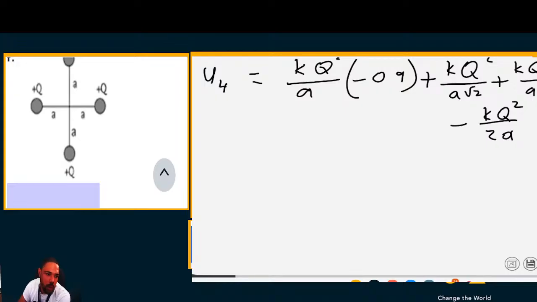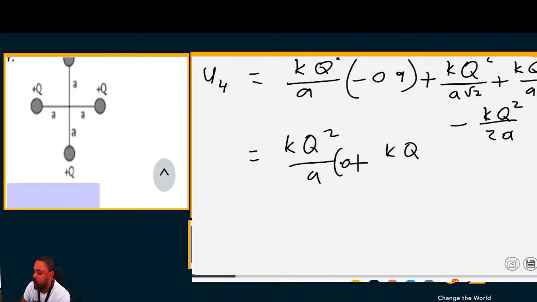Because the distance between the top charge and the bottom charge is 2a, and working that out, we get kq squared over a times negative 0.9, plus, if we take kq squared over a out here as well.